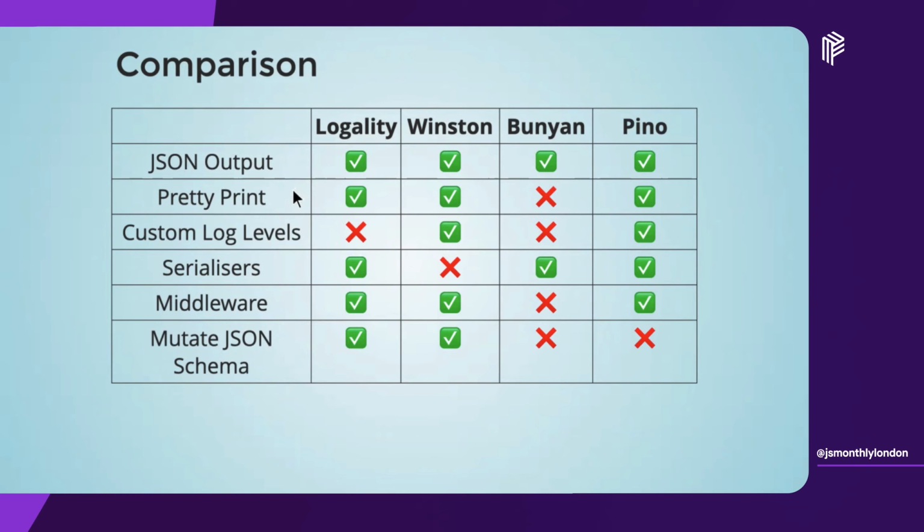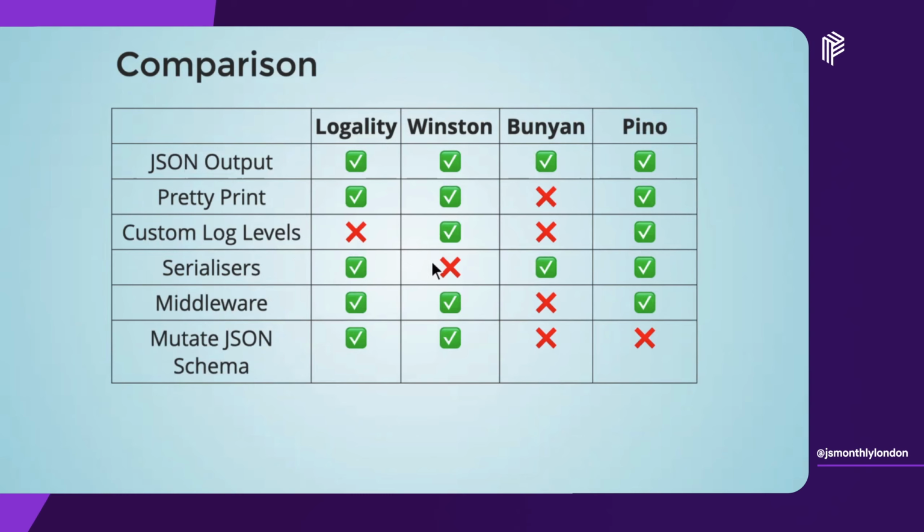All of them pretty print except Bunyan, which requires another library to transform the JSON output and pretty print it, so it's not included. Custom log levels is not supported by Logality and Bunyan, but if you're really determined with custom log levels, you can intercept the master output and transpose Logality's levels into whatever you see fit.